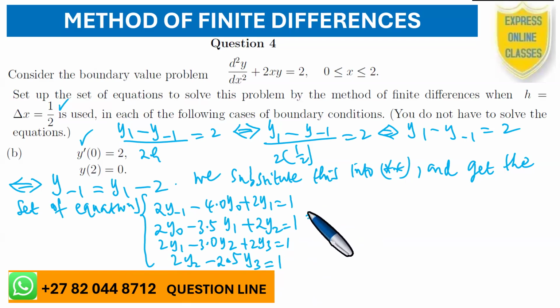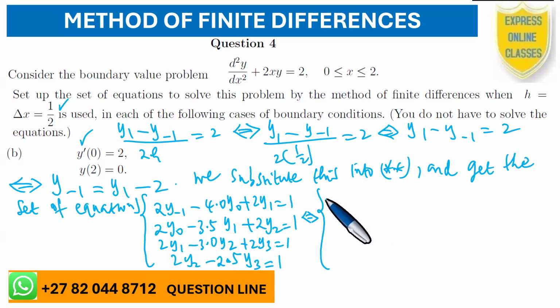Okay, let us check. So now this is the equation we are supposed to deal with.